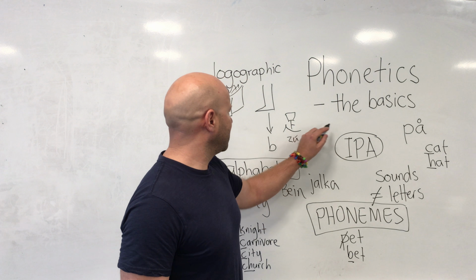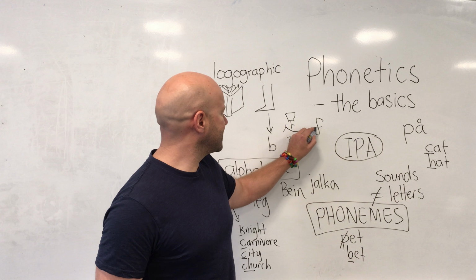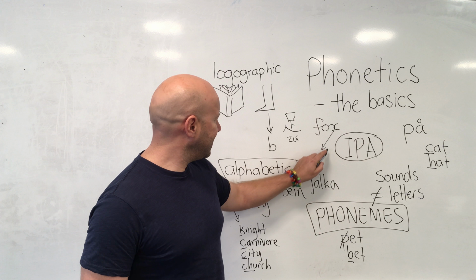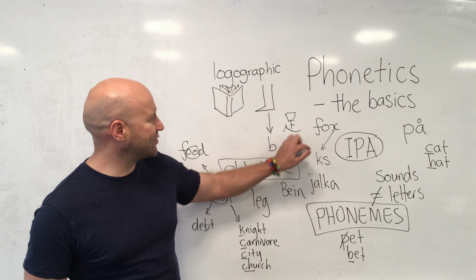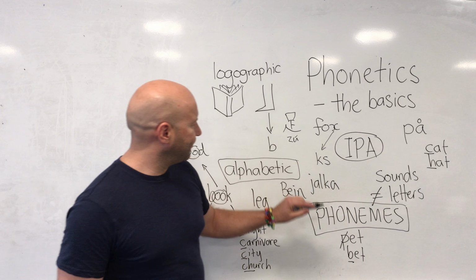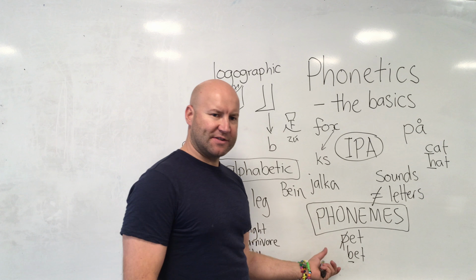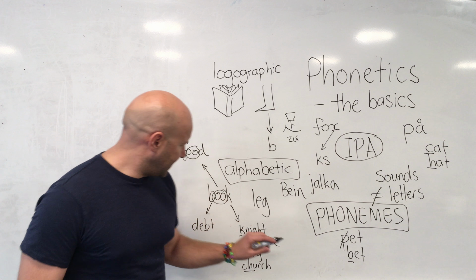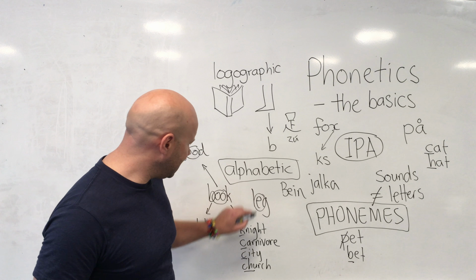And so just a quick example which should help you with some of the study questions. If we look, for instance, at the word fox, we have 3 letters here, but the X actually makes a KS sound. So what we have is 1, 2, 3, 4 phonemes. Whereas these words here, they have 3 letters, 3 phonemes. But then also a phoneme in itself, so we've got pet, bet, leg here.